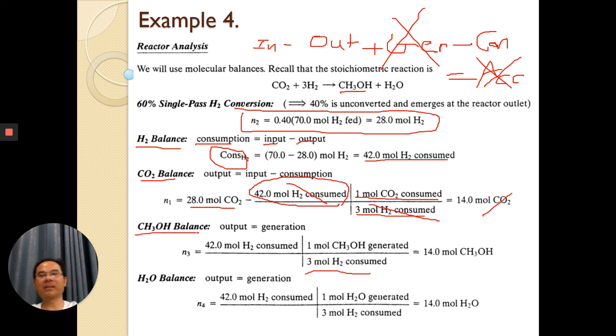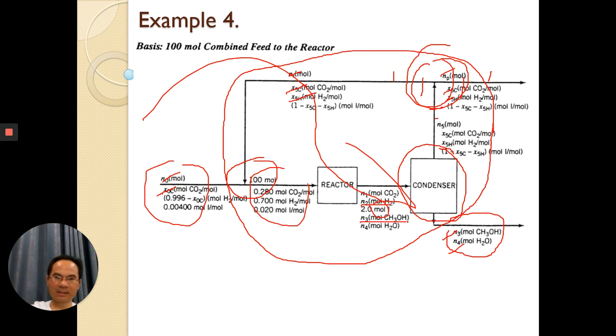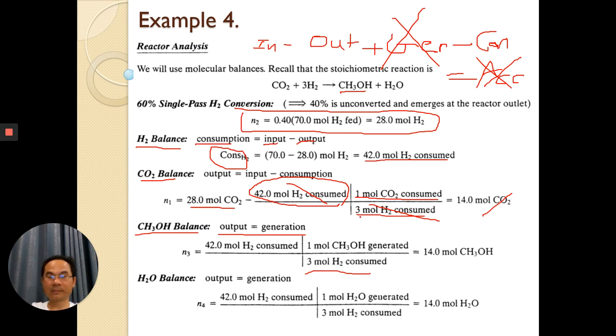The next step is the methanol balance. Methanol is the product. There is no methanol input, no consumption, so output equals generation. The methanol output is N3, equal to generation.